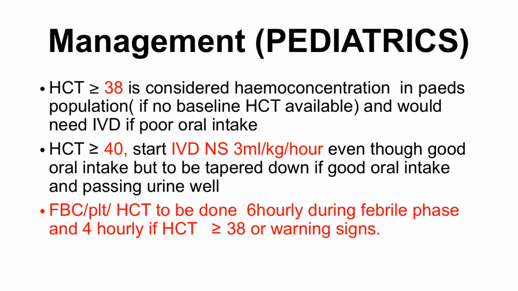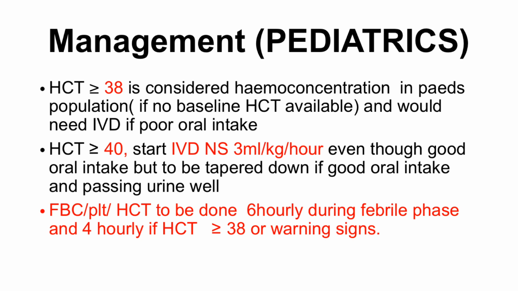Management for pediatrics is the same, but a hematocrit above 38 in pediatrics is considered hemoconcentration. If no baseline hematocrit is available, you can give an IV drip if the patient has poor oral intake.